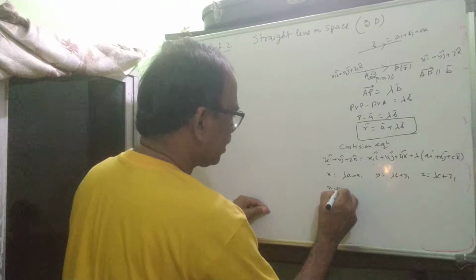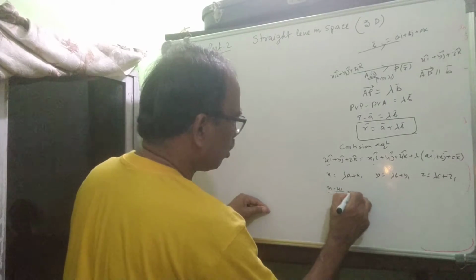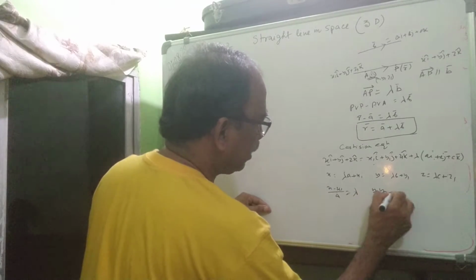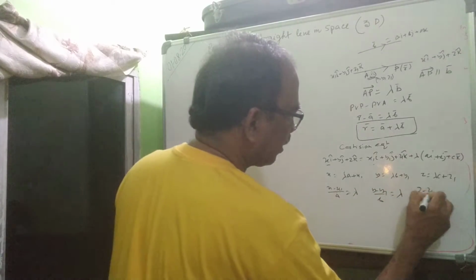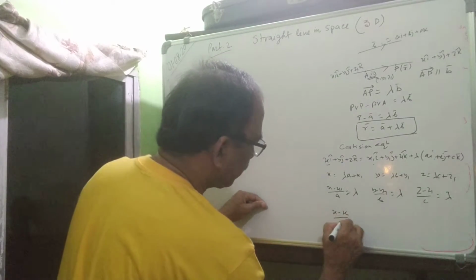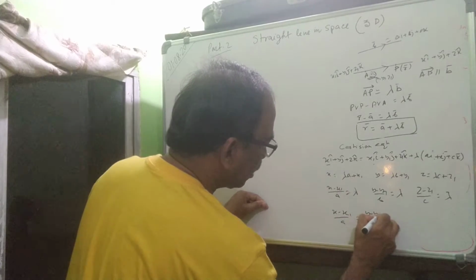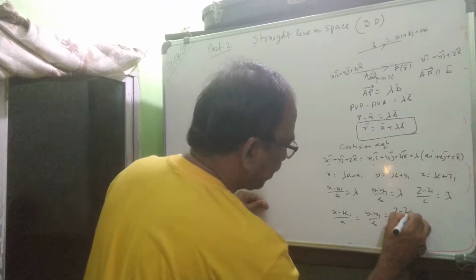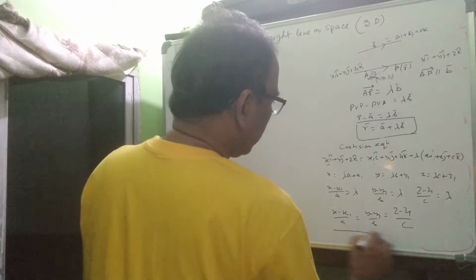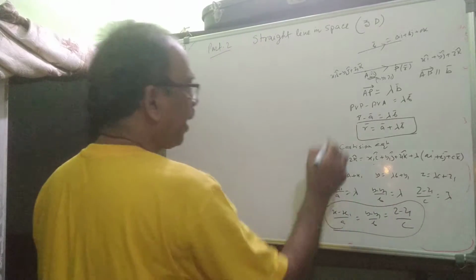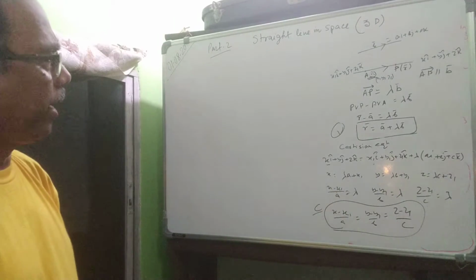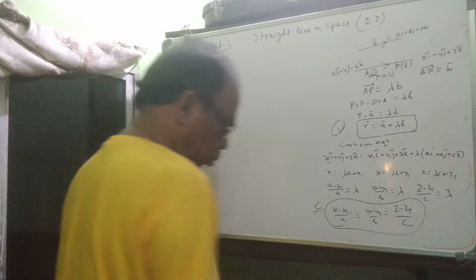Then (x minus x1) by a equals lambda, (y minus y1) by b equals lambda, (z minus z1) by c equals lambda. Therefore, we can write (x minus x1) by a equals (y minus y1) by b equals (z minus z1) by c. That is the Cartesian equation of the straight line. This is the vector equation. So if you forget the formula, we can construct and remember it within 2 minutes.